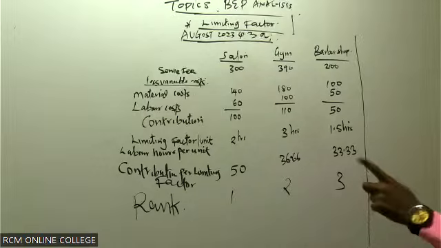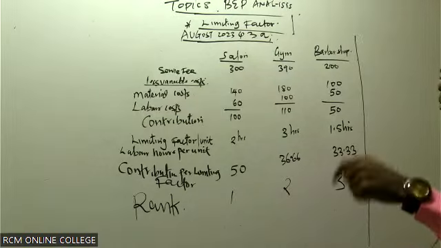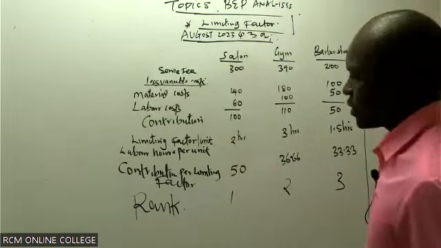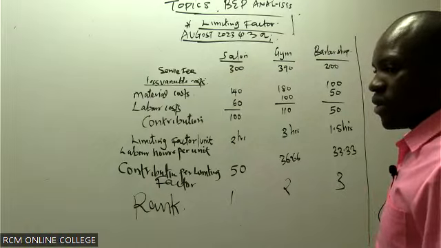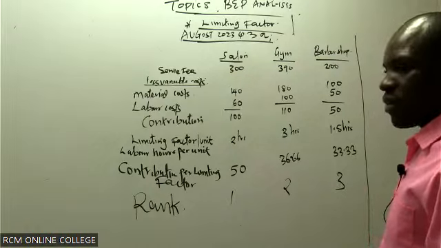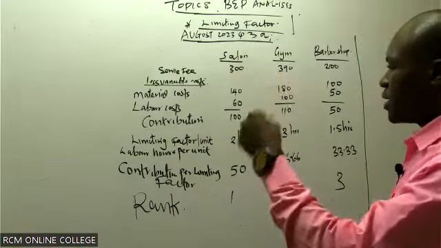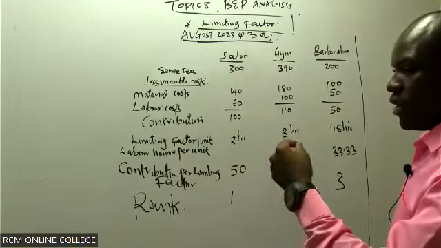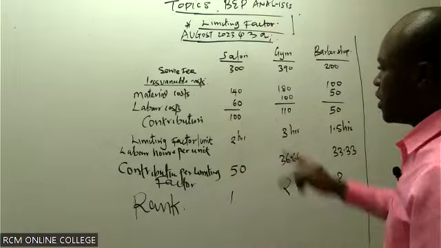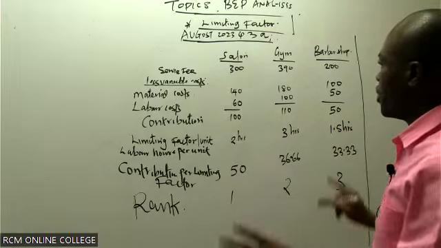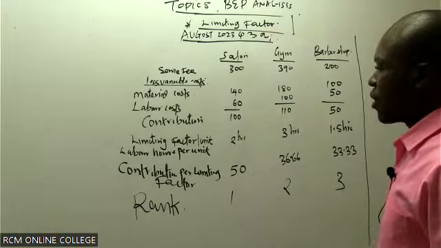Do we have somewhere where you are told the maximum demand by the market is this number of units or number of clients? There's somewhere you are told the maximum demand in the market is equivalent to this. Salon has got this, gym has got this, barbershop has got this.